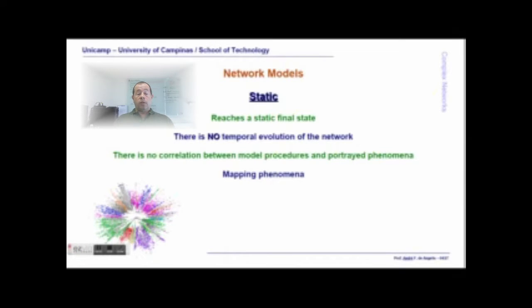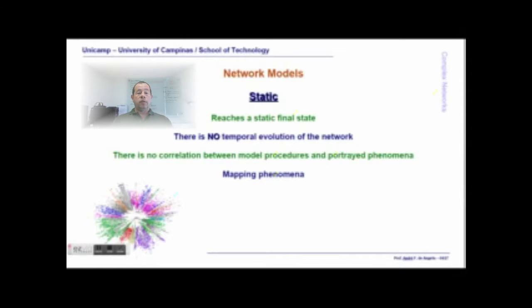There is no correlation between the model procedure and the portrayed phenomena. The way I use to build the network is not related to the problem. I can, for instance, do a random connection around the network, connecting randomly the nodes with some neighbors.